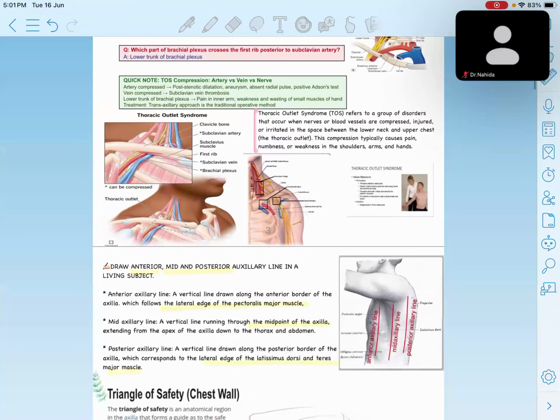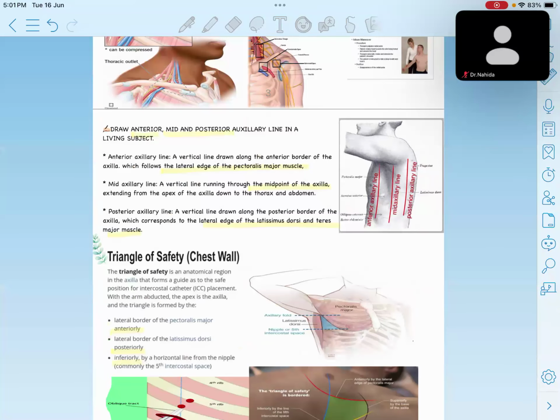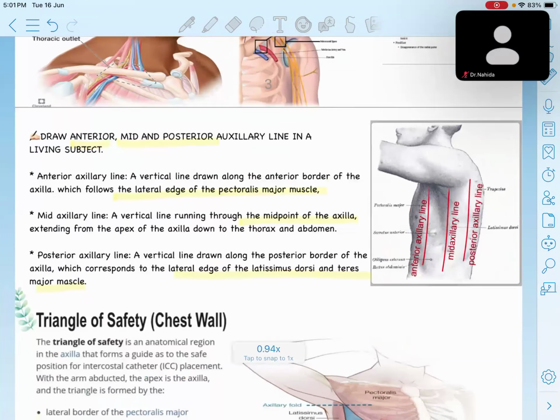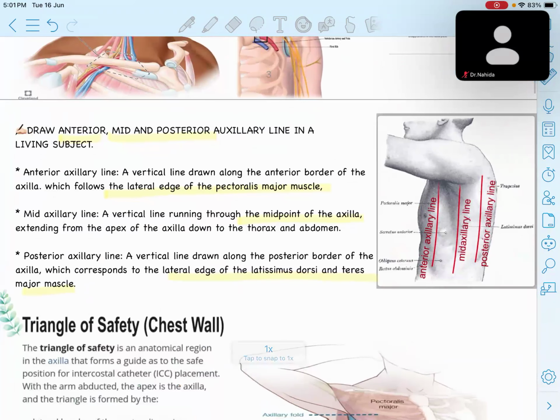Okay, so come to the next topic, surface anatomy. It is also an updated question. Nowadays it is coming: surface marking of the anterior axillary line, mid axillary line, and posterior axillary line. Just see the keywords. The anterior axillary line is a vertical line along the lateral edge of the pectoralis major muscle.